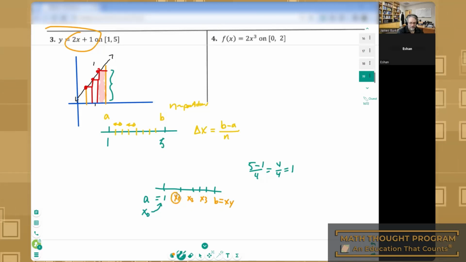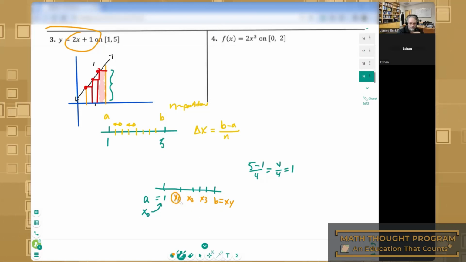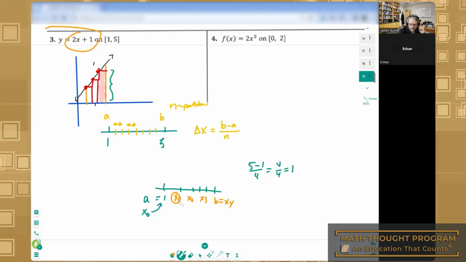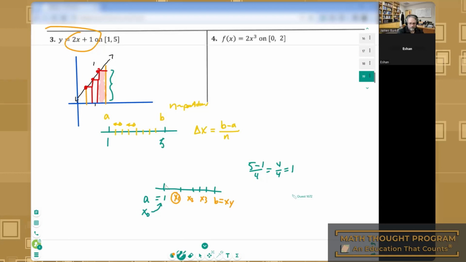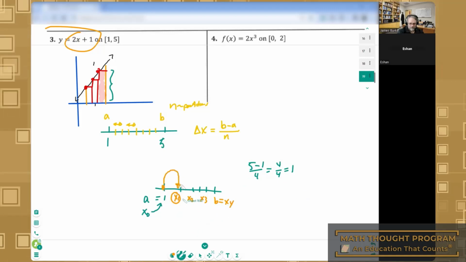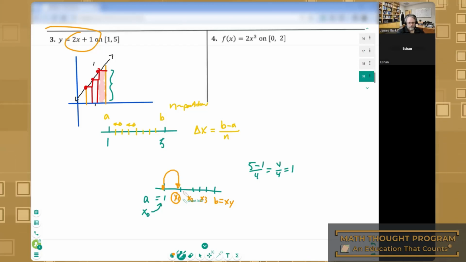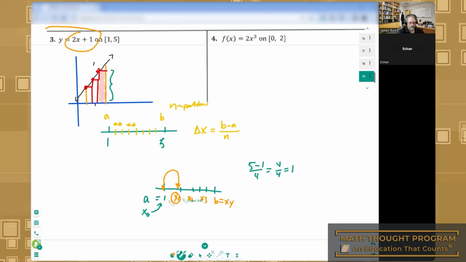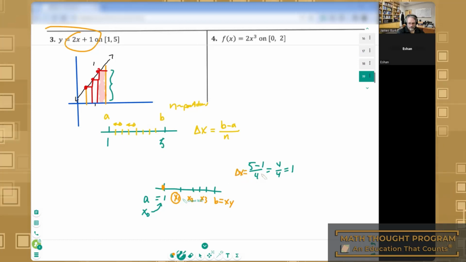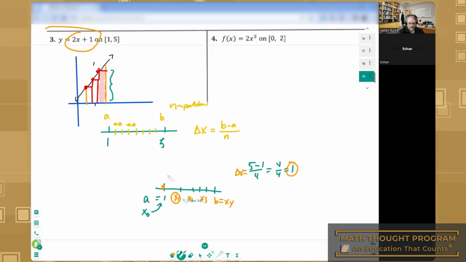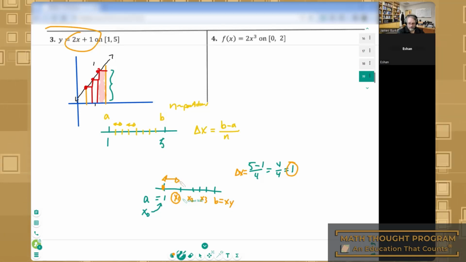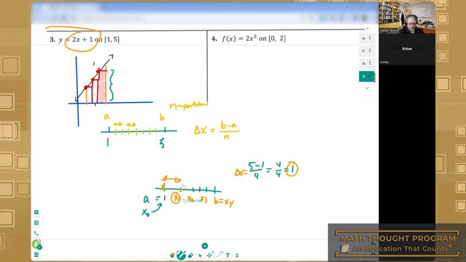What's the value for x1? If you're starting here, what's that value? 3. Wait, 3. Because if the spread is 1, how far did you travel? 1. So the value is 2.